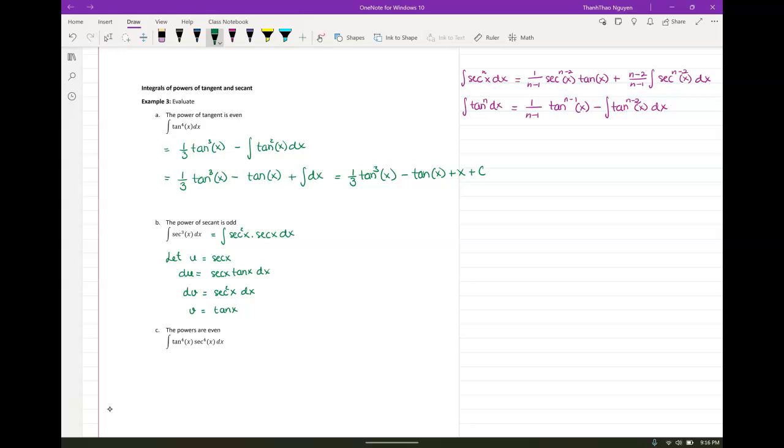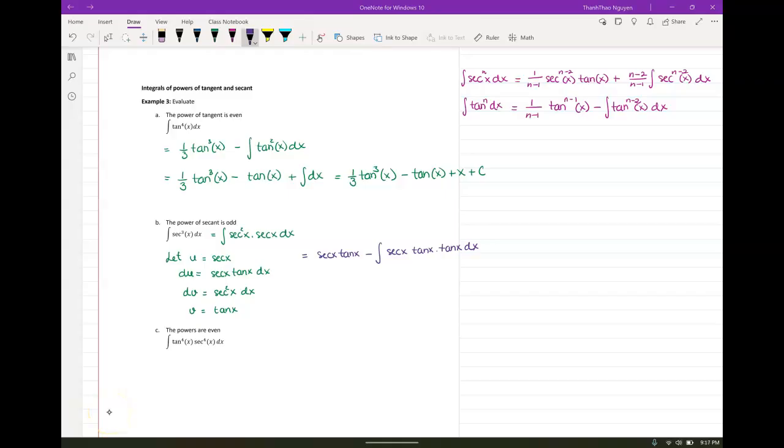So then the integral becomes u times v, that is secant of x tangent of x minus the integral of v du. So then I get secant of x times tangent of x times tangent of x dx.